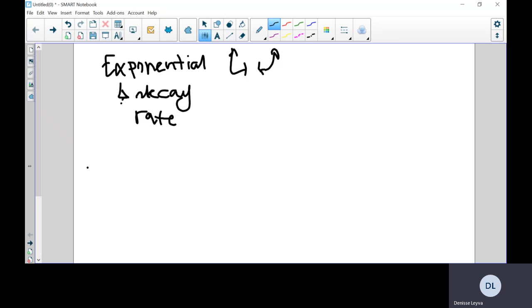Now, in terms of linear, a linear is something constant. So, for example, if you're making $40 an hour, that's something you will always make. Every single hour you work, you're going to be making the same amount. So, usually, when you have a fixed rate, that's usually a linear function.